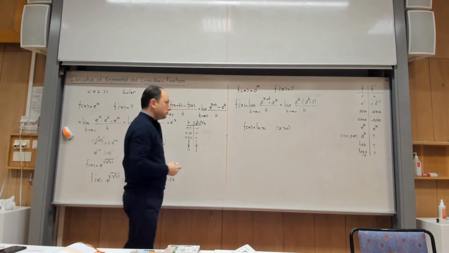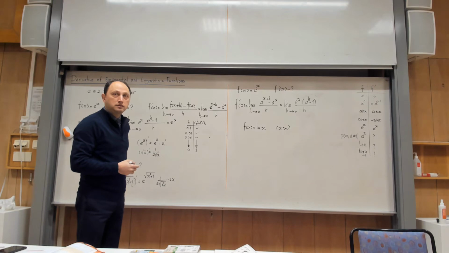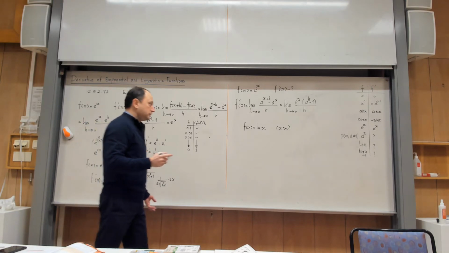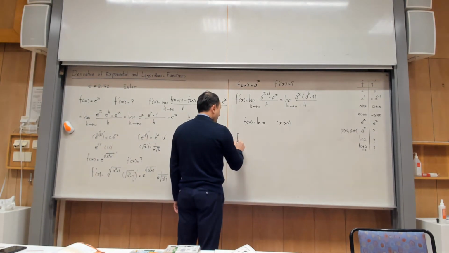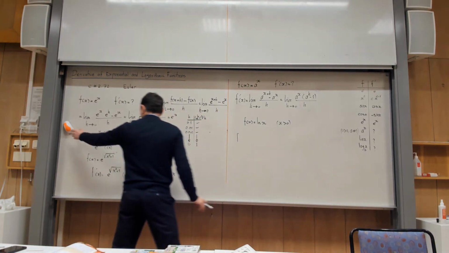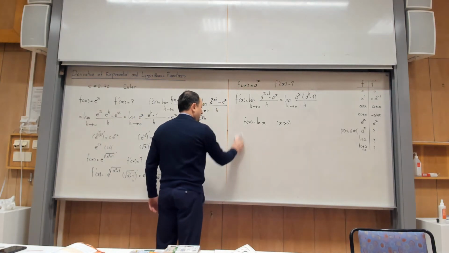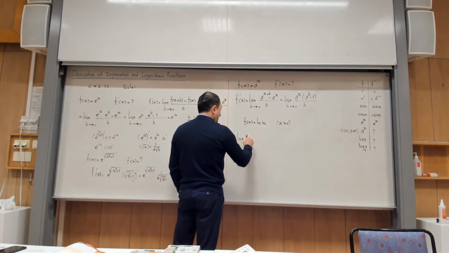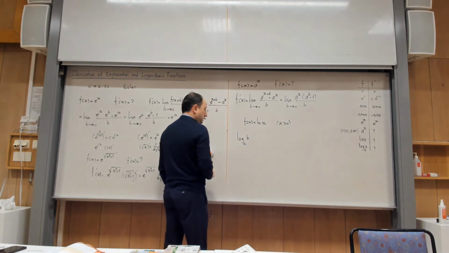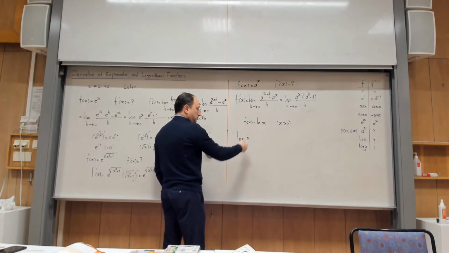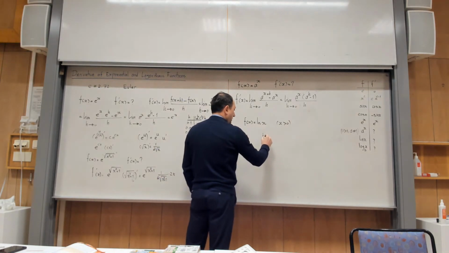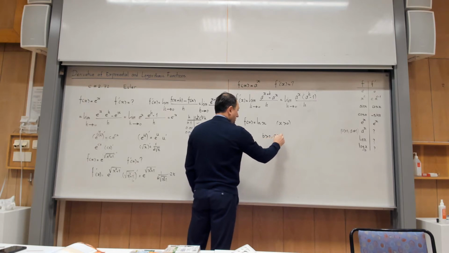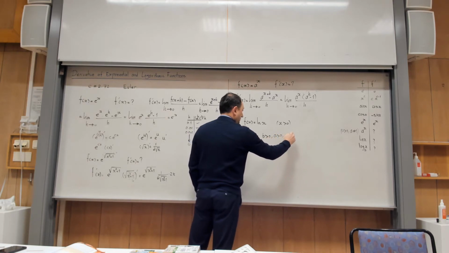And what is the meaning? Do you remember anything about ln? What is a logarithm? If I have the log of b in base a, first of all, for this to make sense, b should be positive, a should be positive, and a shouldn't be equal to 1.